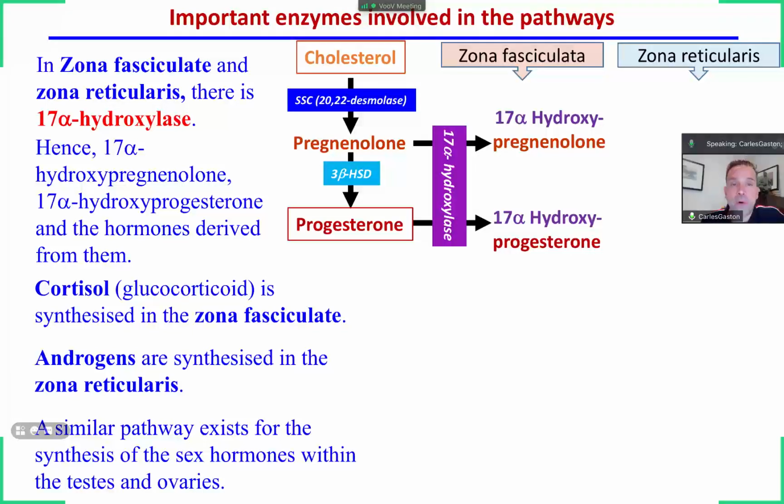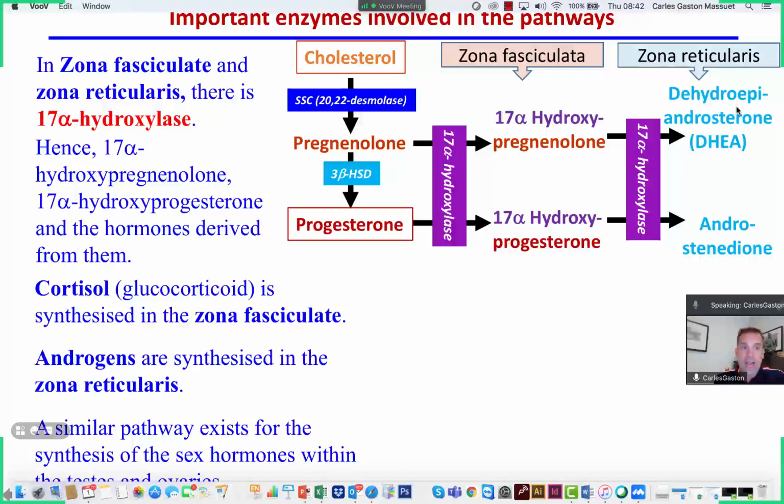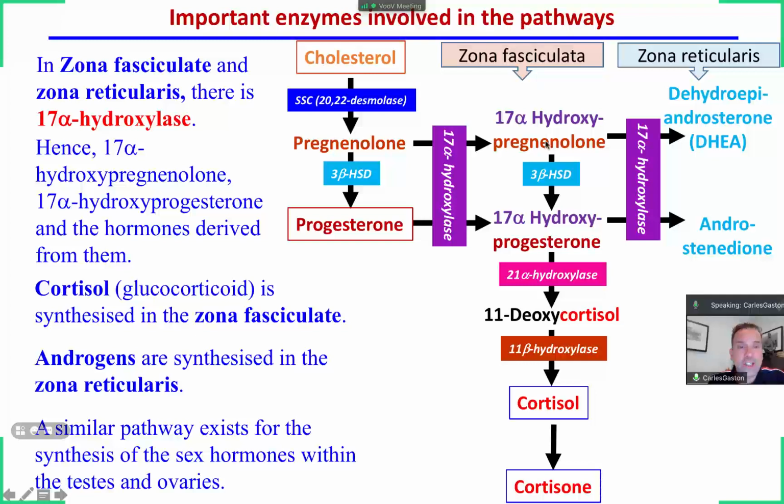If we look a little more into detail, here are the enzymes in the zona fasciculata. 17-hydroxylase converts pregnenolone into 17-hydroxypregnenolone, and then 17-alpha hydroxylase converts progesterone into 17-hydroxyprogesterone. Then 17-alpha hydroxylase, again, converts these into dehydroepiandrosterone, or DHEA, and androstenedione.